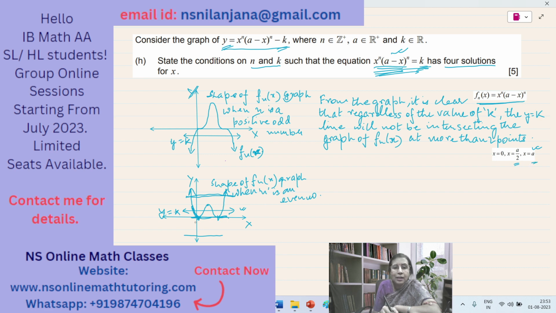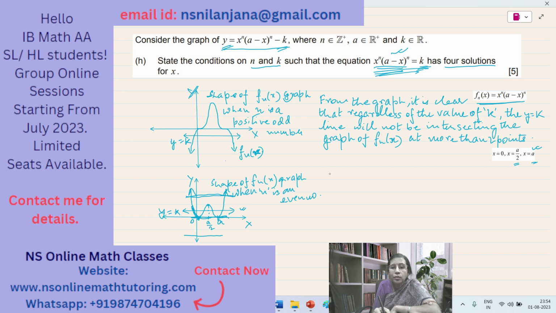So in this case, this will be x equal to 0, this will be x equal to a, and this will be the in-between point, a over 2. Okay. So what is the y value? X value is a over 2, but we need the y value. So let us get it.